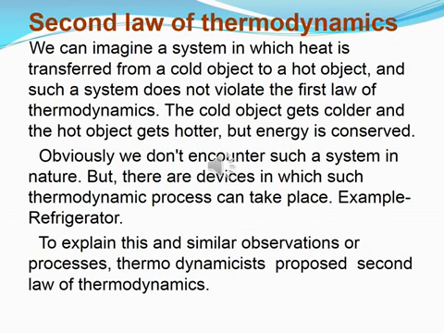Now, you can imagine a system, however, in which the heat energy is transferred from the cold object to the hot object. Such a system does not violate the first law of thermodynamics. The cold object gets colder and the hot object gets hotter, but energy will be conserved.